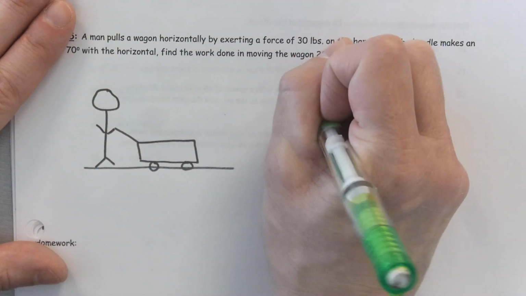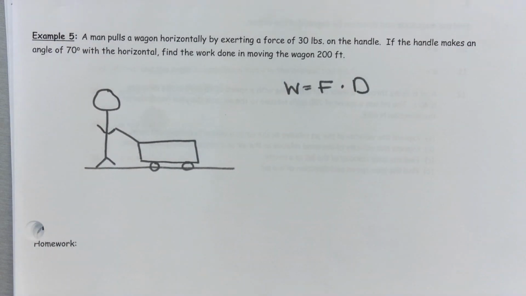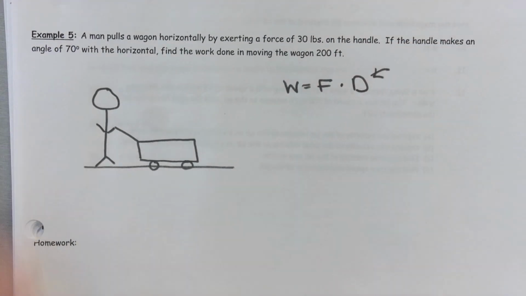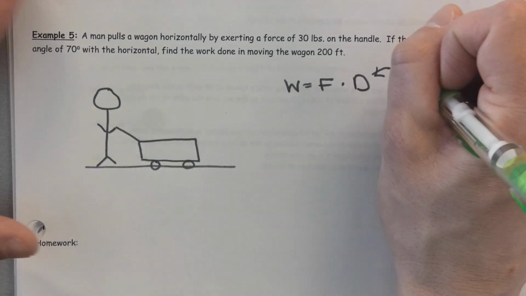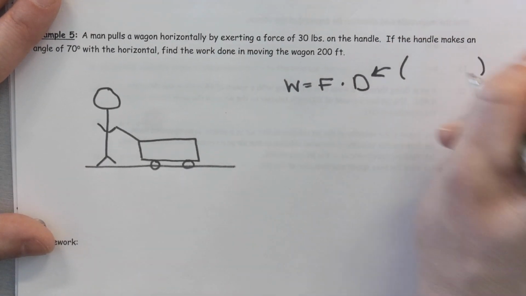The work is equal to the force dot product with distance. Let's start with the distance because the distance is actually easier. What does it say about distance? How far did this person pull the wagon? 200 feet. Is 200 feet the horizontal or vertical component? Horizontal.